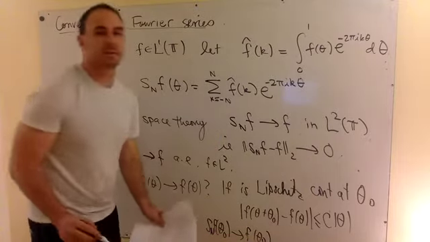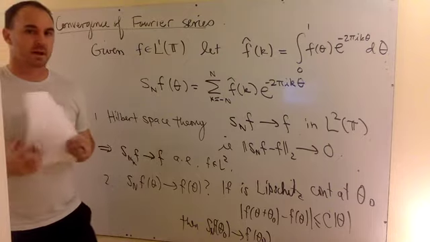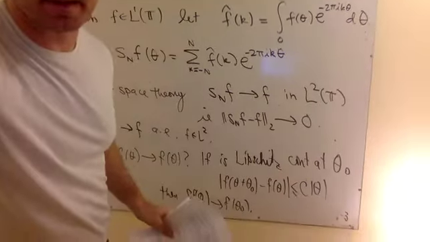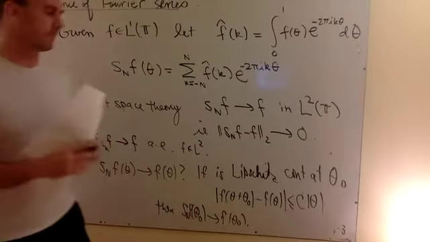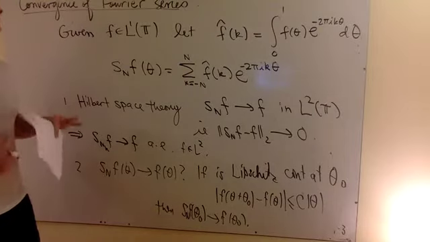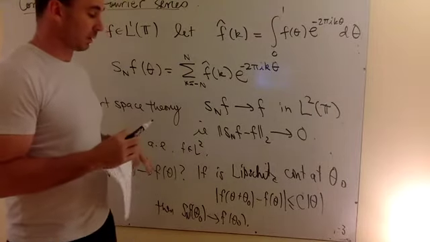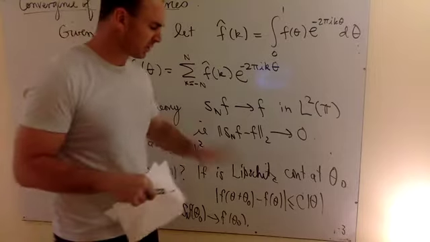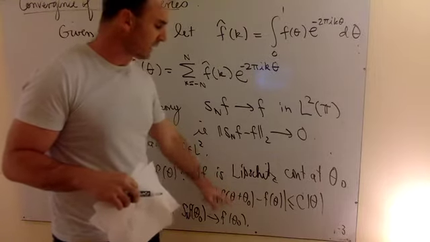Okay, and so you get that convergence. Hang on here, sorry about that. And by the way, it doesn't necessarily work if it's just continuous at theta naught. You can weaken this.